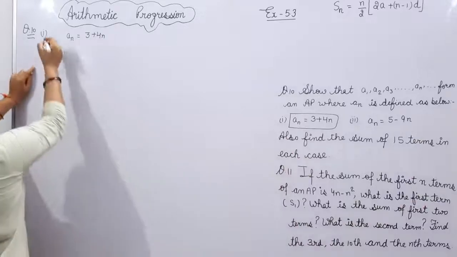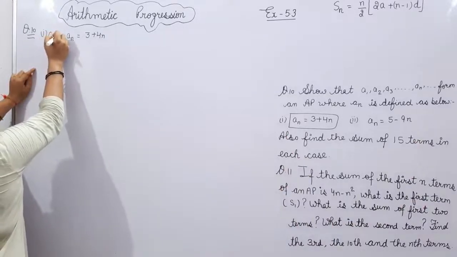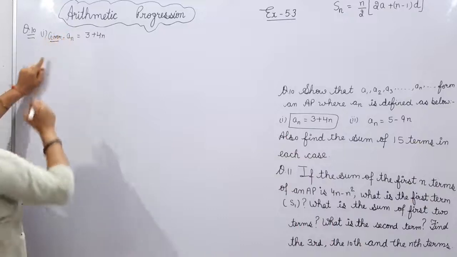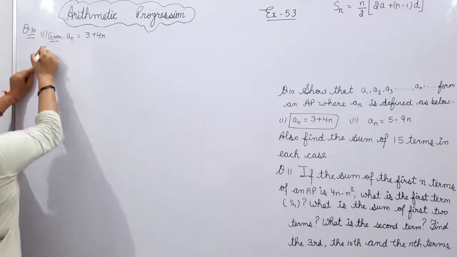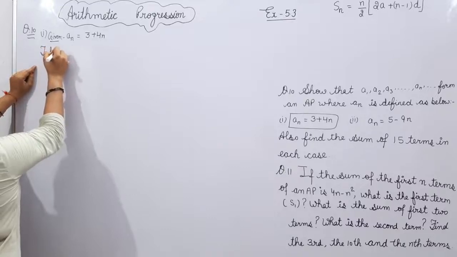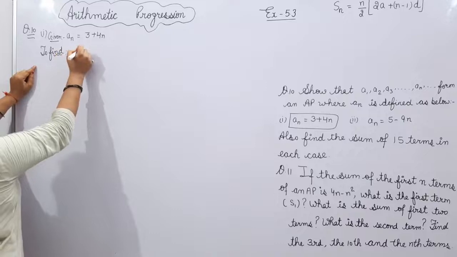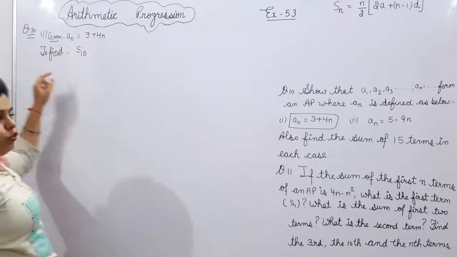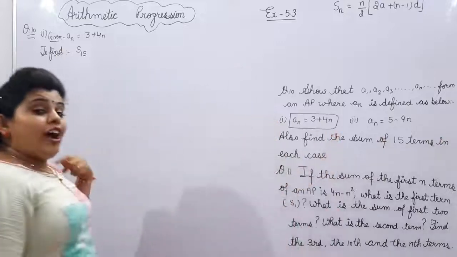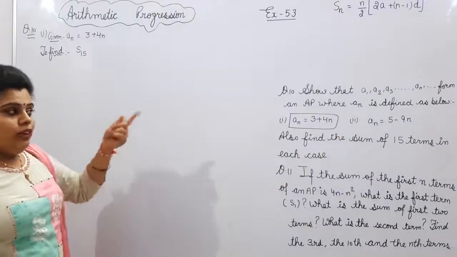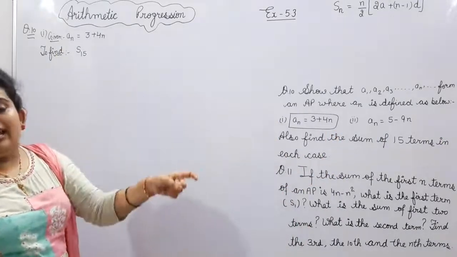What is given? an is equal to 3 plus 4n. To find S15, we have to find the sum of first 15 terms. Before finding the sum, we have to show whether they are forming an AP or not.